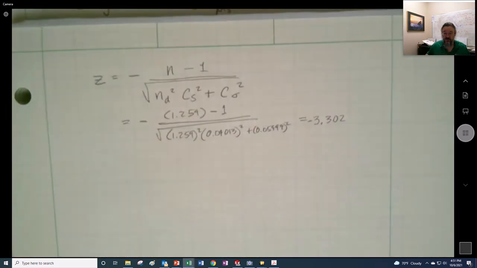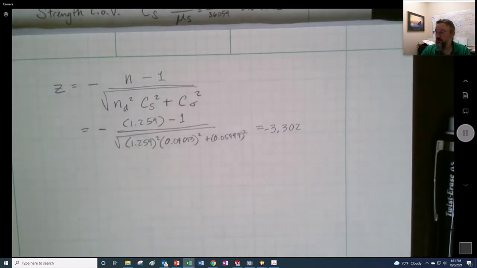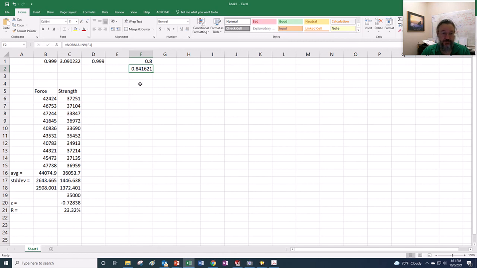So let's instead use Excel. We want reliability from Z, right? I just calculated the Z, so I'll plug it in here. 0.30226 is what my calculator actually said.